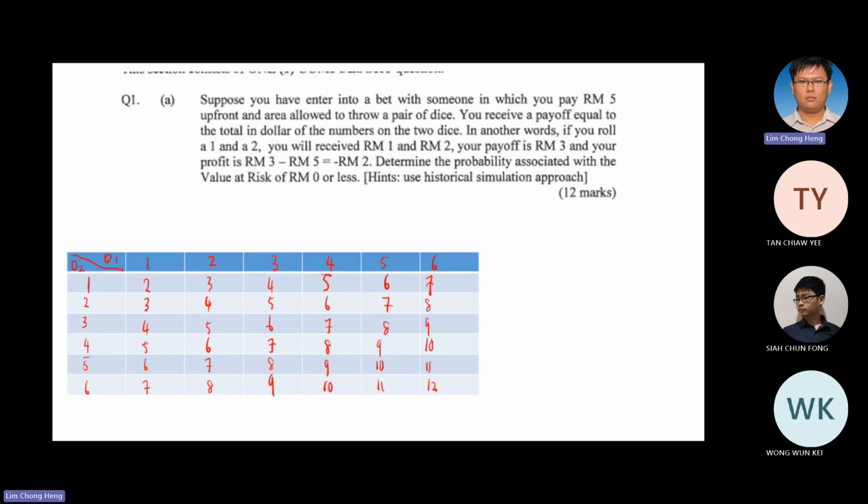Okay, this is your possible outcome. So if consider the payoff, need to minus 5 ringgit, the cost you need to pay to me.